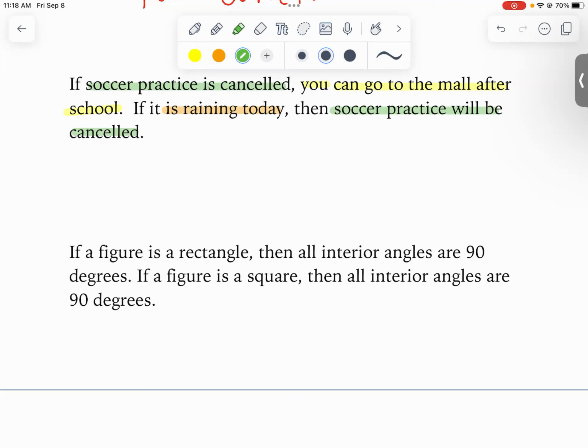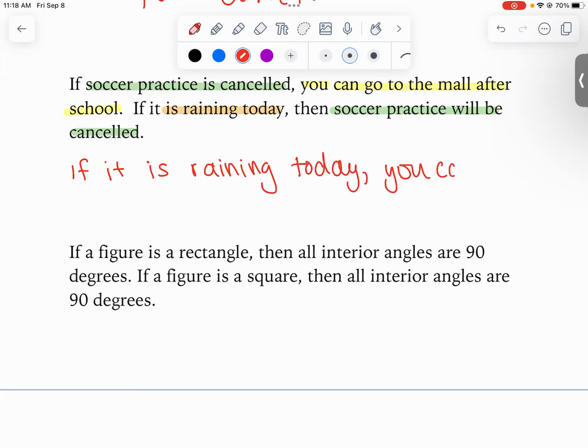So what we can do is we can say, okay, since the soccer practices match up, we can say, if it is raining today, you can go to the mall after school. So the ones that match, you don't put in it. Right. So like the conclusion and the hypothesis, basically we sandwich together, right?